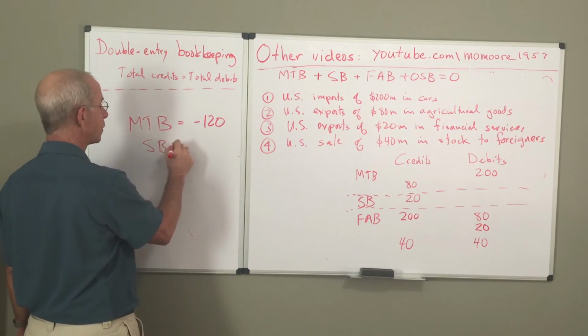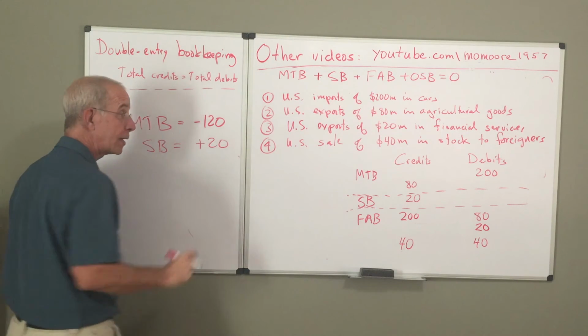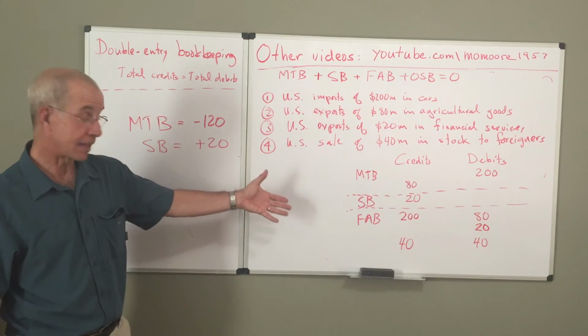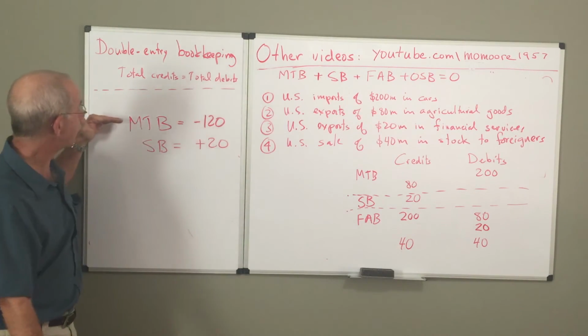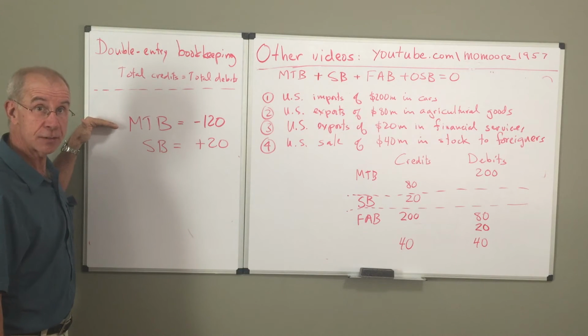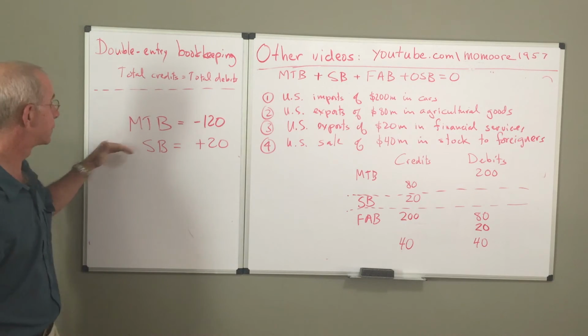We have a services balance of positive 20. In this hypothetical situation, you're not importing any services, you're only exporting. So we've got a deficit in the merchandise trade balance and a surplus in the services balance.